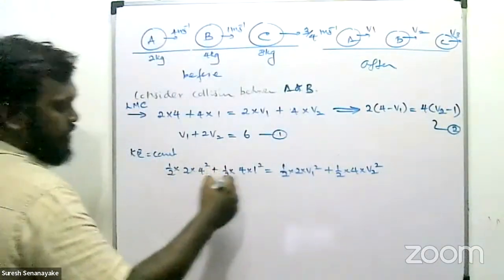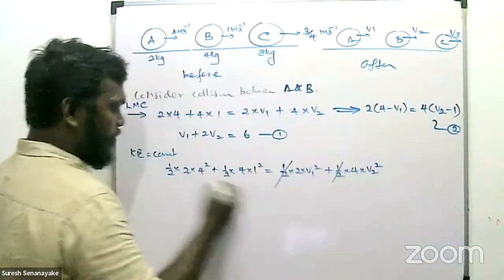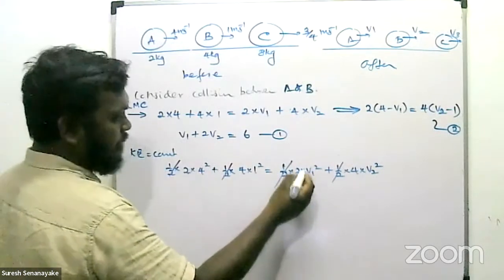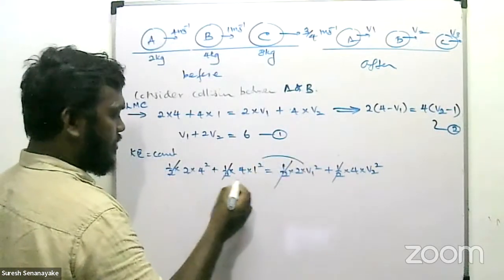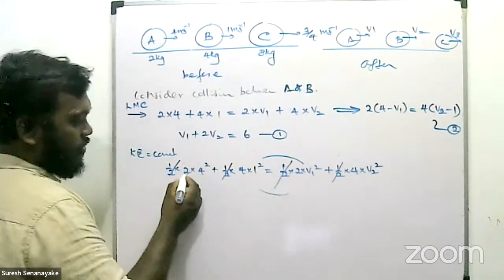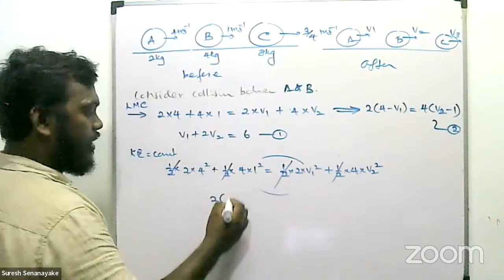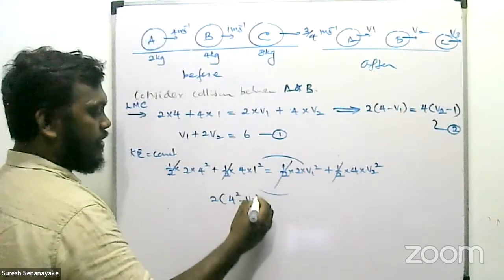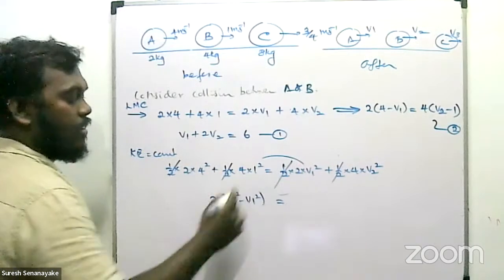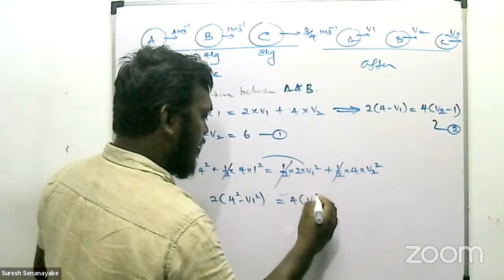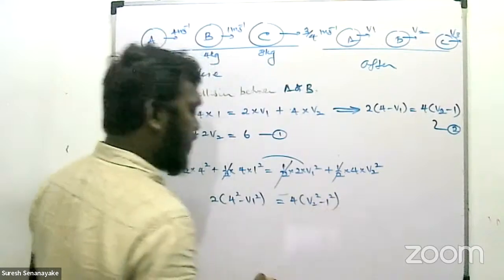Here the half 4 cancels, half. Then take this part to this side and this one to the other side. Here there is 2 into 4 square, here there is 2 V1 square. You can take 2 out and then you have 4 square minus V1 square. When this goes to this side, you can take 4 out, that's V2 square minus 1 square.